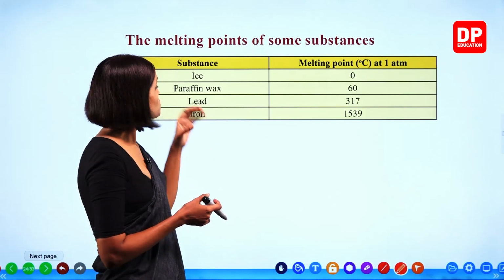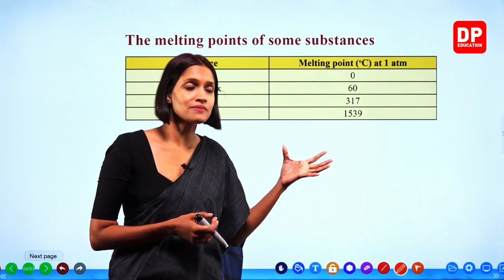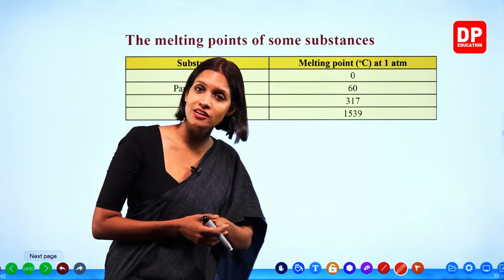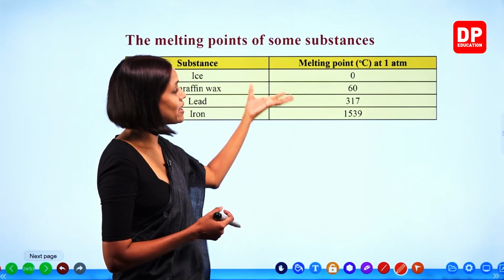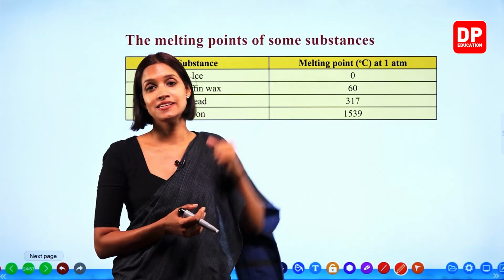Okay, children? So we can come to a conclusion that when you consider metals, metals have relatively high melting points than the other non-metals. Metals have relatively high melting points. In order to melt metals, you have to provide more heat.